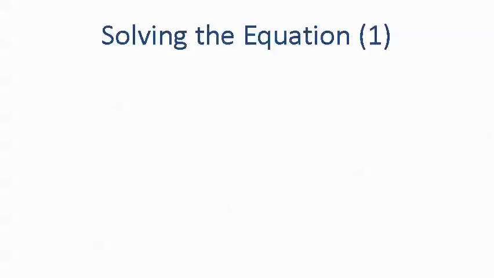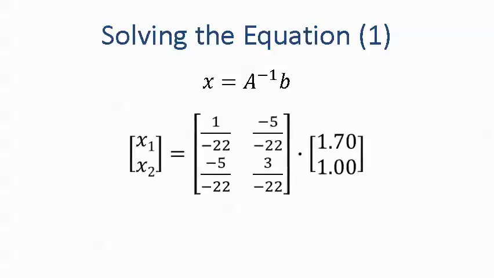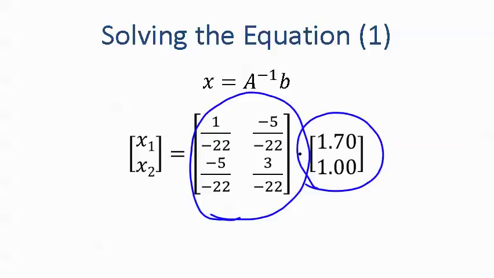Well, now we're starting to get to the solution. If x, our unknowns, are equal to the inverse of A times B, now we have x1, x2 is equal to our inverse of A times our result matrix, which is the column vector 1.7, 1.0. And now we get to calculate that.